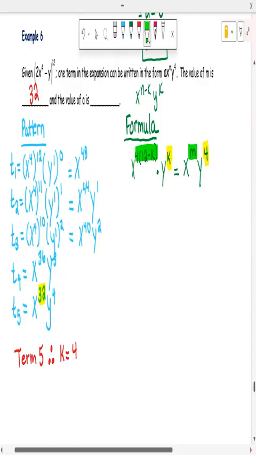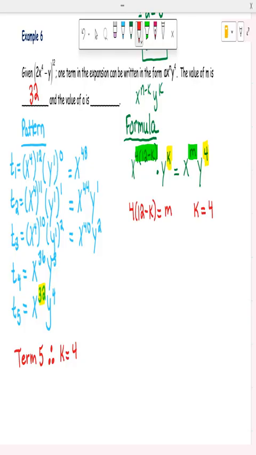Do you agree that the exponents on the x's have 2 variables in them? So right now I can't solve for m quite yet. But you know this for sure: 4 times 12 minus k should equal m. And you also know from the yellow k equals 4.